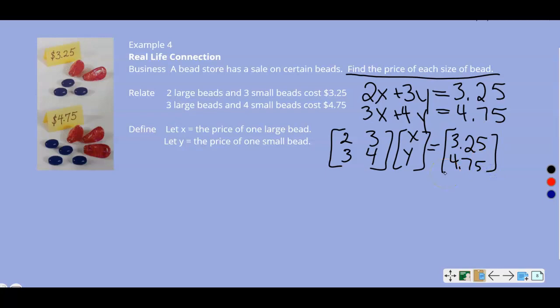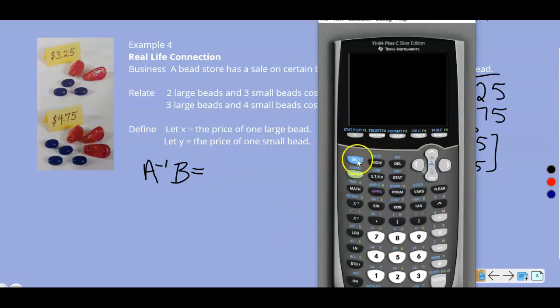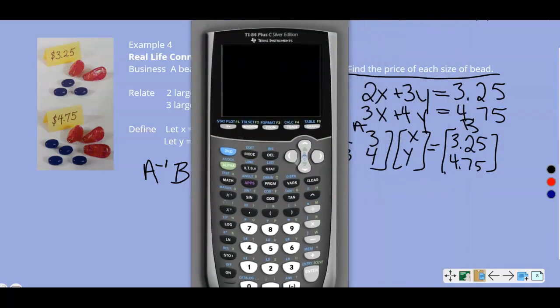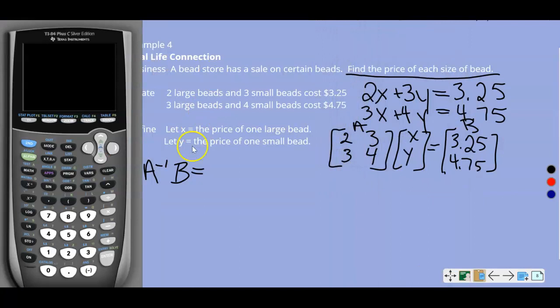This sets it up as matrix A and matrix B, so we can do A inverse times B. Let's look at solving this matrix equation using our calculator.